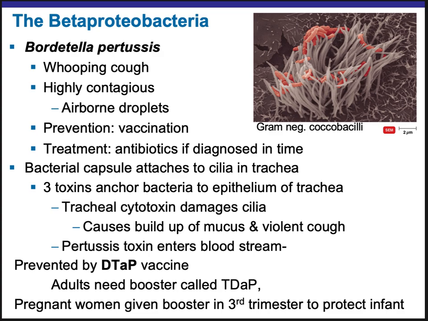Then your immune system makes antibodies, so that if you ever come into contact with that bacteria again, you already have those antibodies ready to immediately respond, and you don't even know it. You won't have any symptoms. You won't get sick, and that's why vaccines are so amazing.